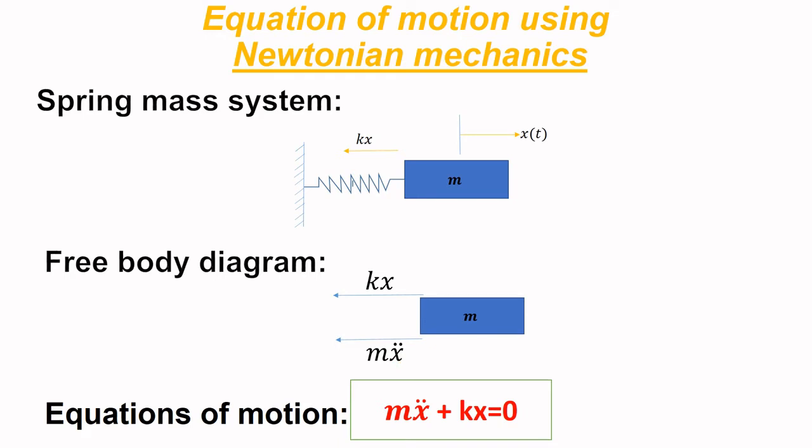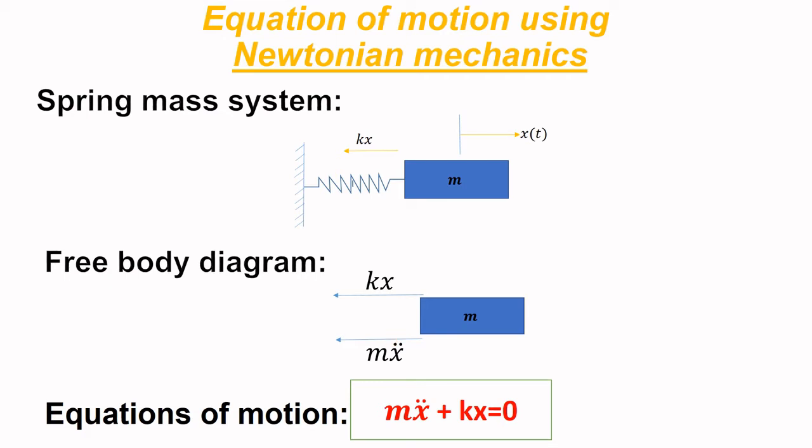So whenever I apply displacement in the horizontal direction, or when the direction of acceleration is in the positive x-axis or horizontal direction, we always get inertia force opposite to the direction of acceleration of that body. So the inertia force will act opposite to the direction of acceleration in the system.